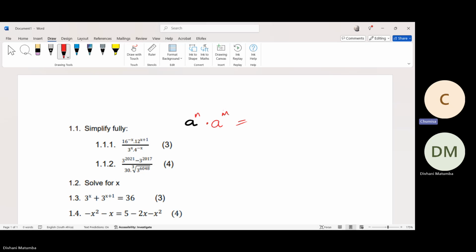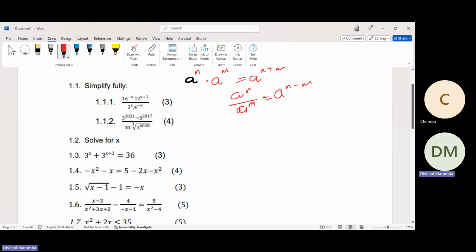Isn't it a to the power of m plus n? Perfect. Same thing if it's a to the power of n divided by a to the power of m, you will get a to the power of n minus m. Okay, then that's perfect. So, how do we go about 1.1.1?